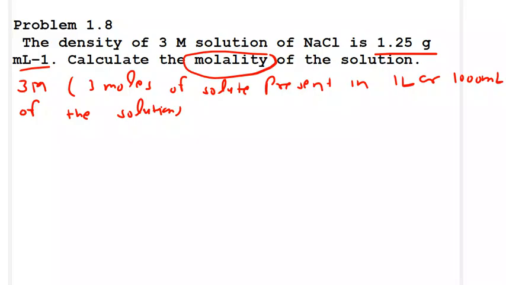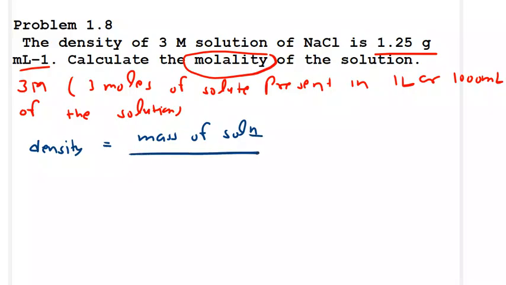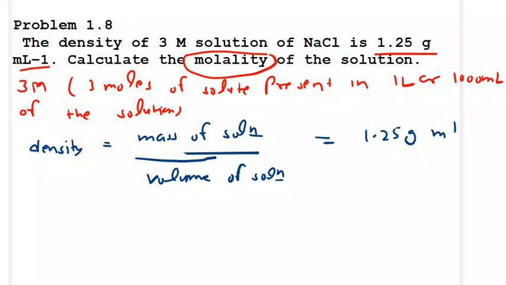Okay, we have been given density. Density equal to mass of solution upon volume of solution. Density is given as 1.25 gram per ml.